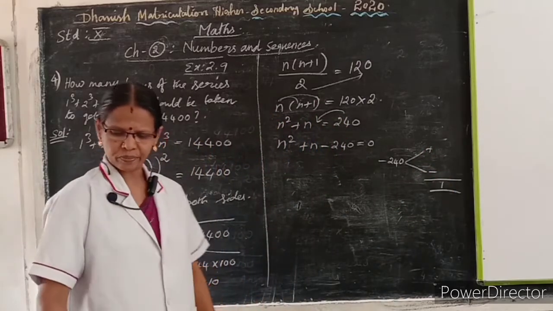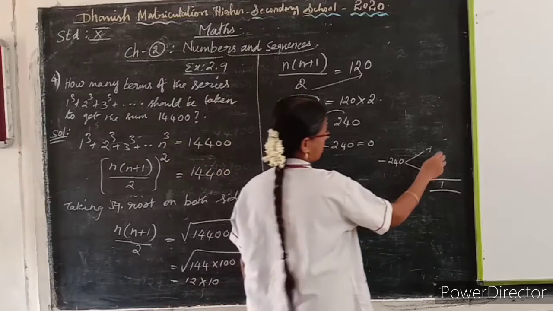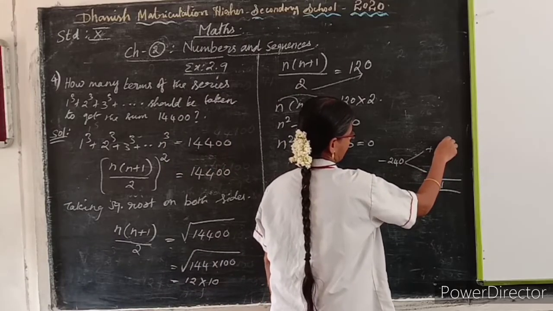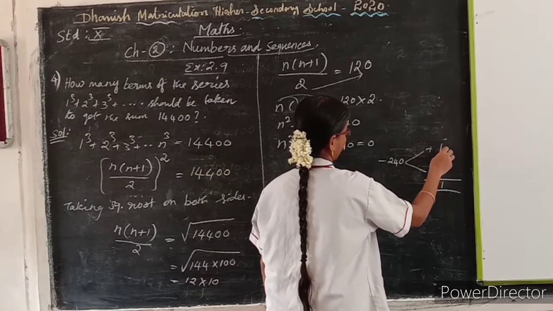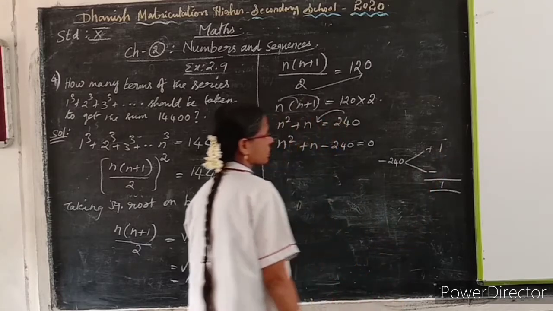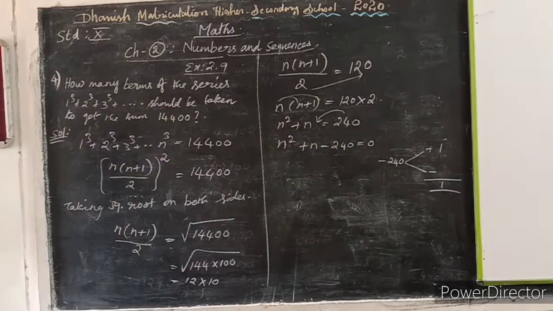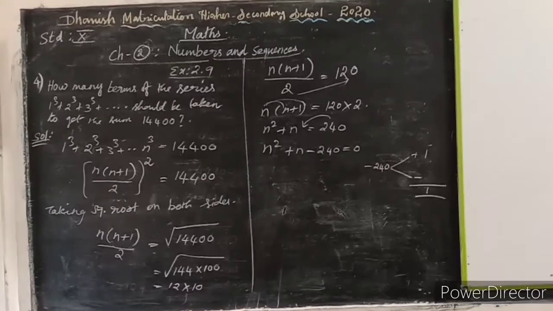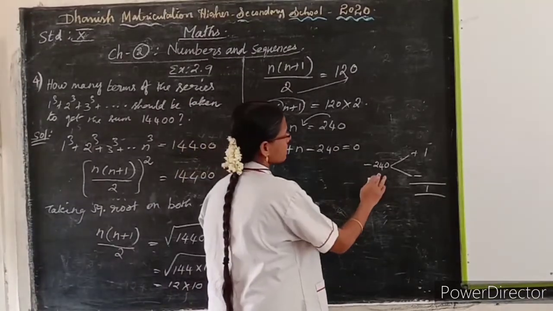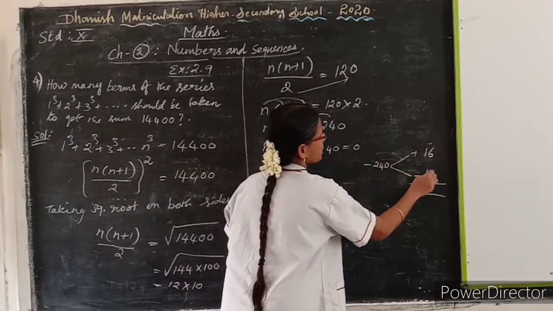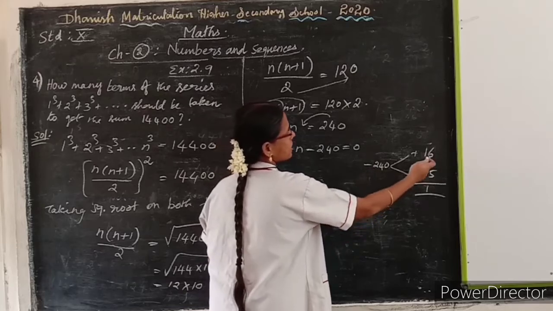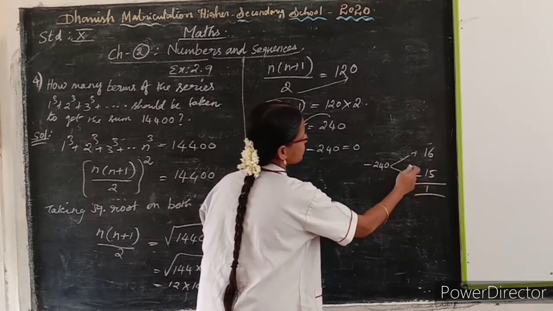The factors are 16 and 15, whose product is 240, and 16 minus 15 is plus 1.